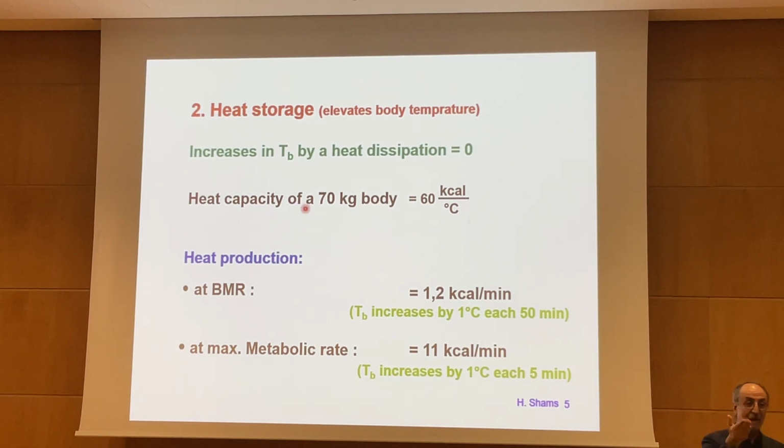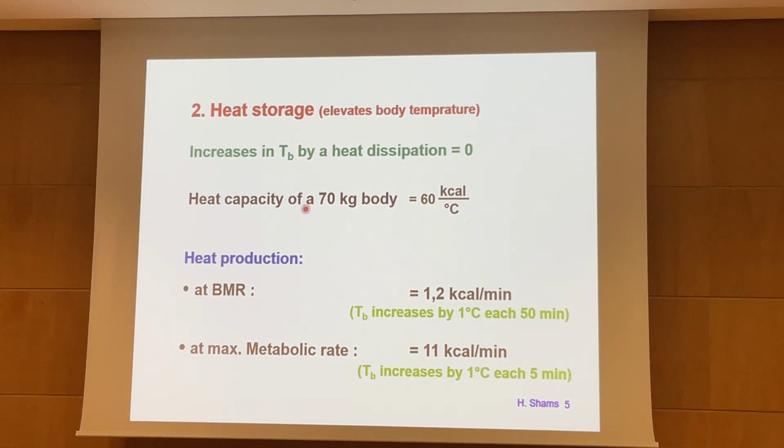And you have a body temperature of 37, and by 33, 34, you die, so it takes actually 7 times 50 minutes to kill you if there is no heat dissipation.